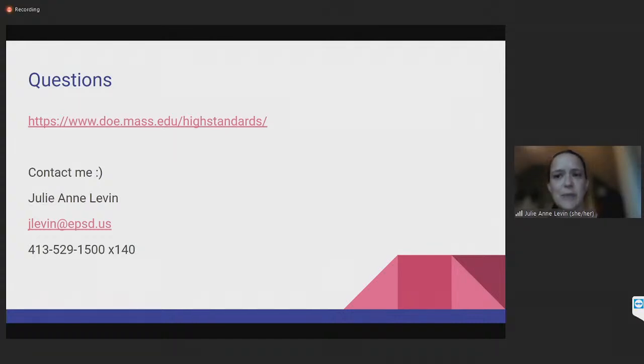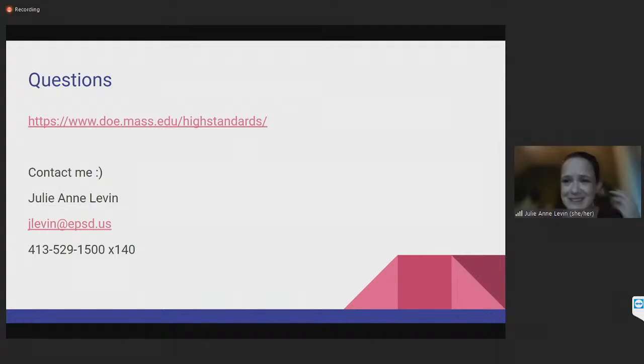Grade by grade, it'll say, this is what your student needs to be prepared for this grade, and here are some questions you might want to ask your student about what they're learning. It goes through each content area to let you know roughly what your student might be learning and engaging in discussions about. It's one of my favorite places to visit, and definitely public. All the frameworks are public information.